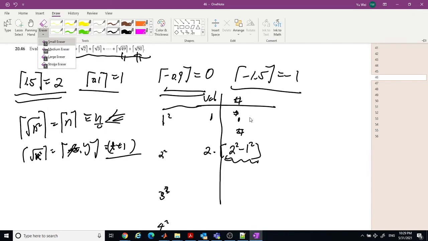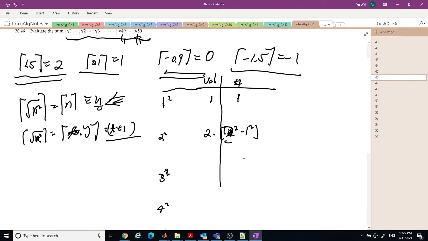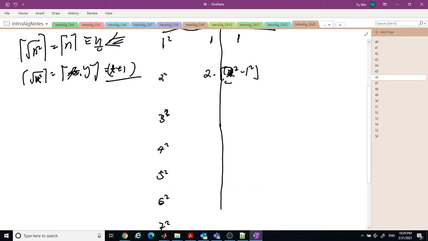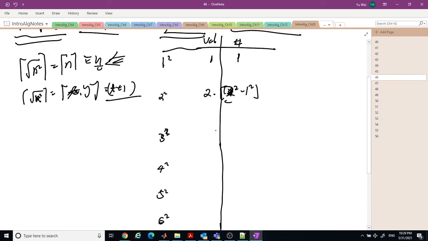Let me erase it. Now let's write it clearly. So now here I have 1, and here I have 2 squared minus 1 squared, right? Here the value is 3.